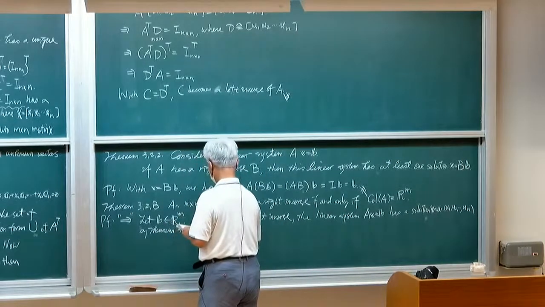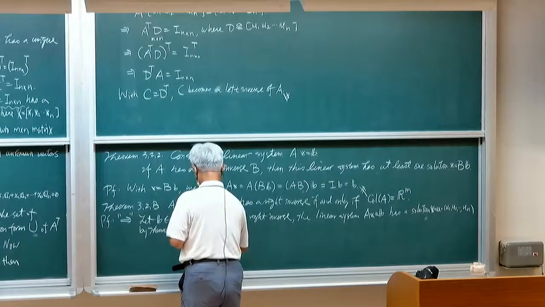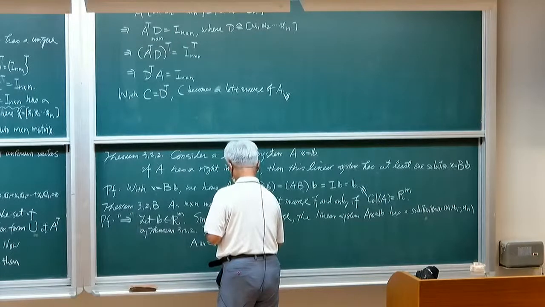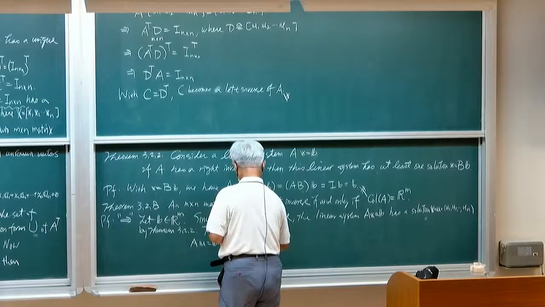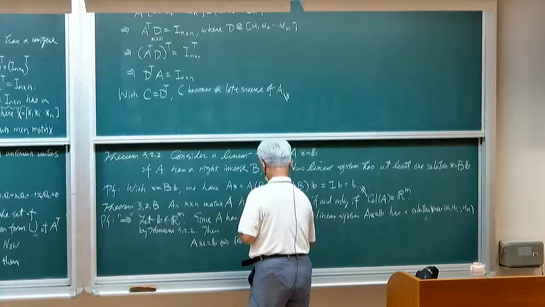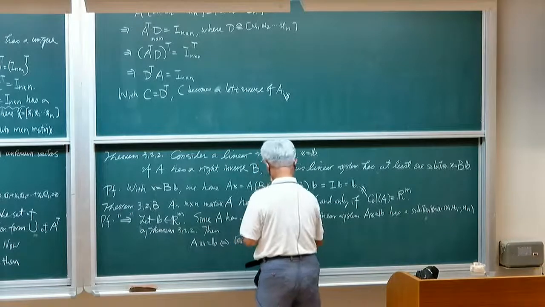Then Au equal to b. This is saying that A1, A2 up to An times u1, u2 up to un equal to b.